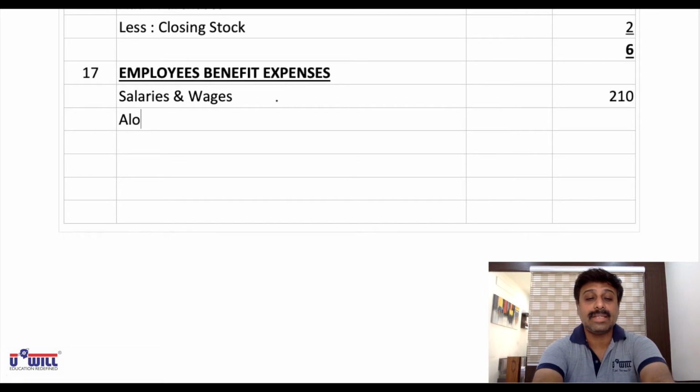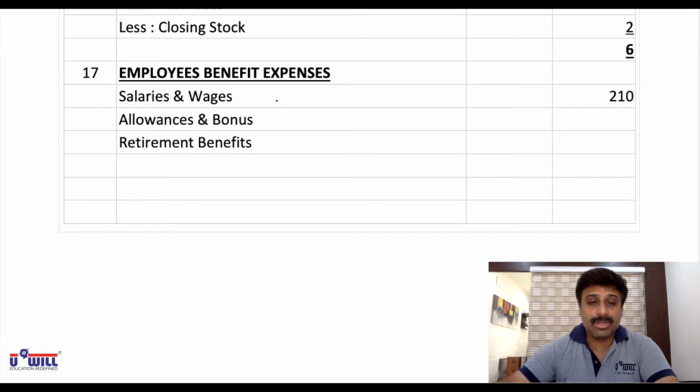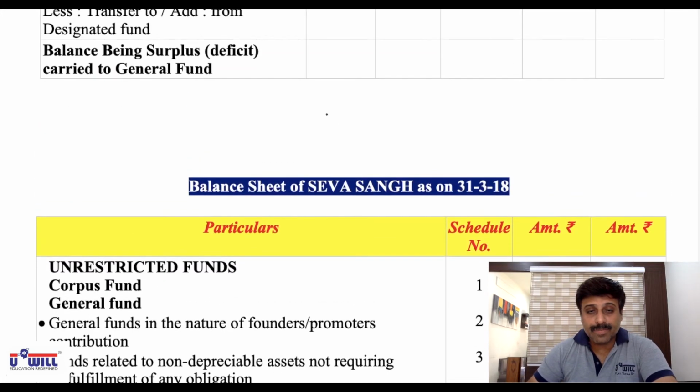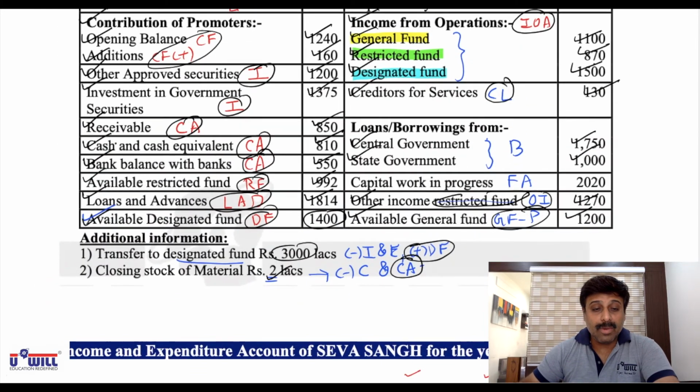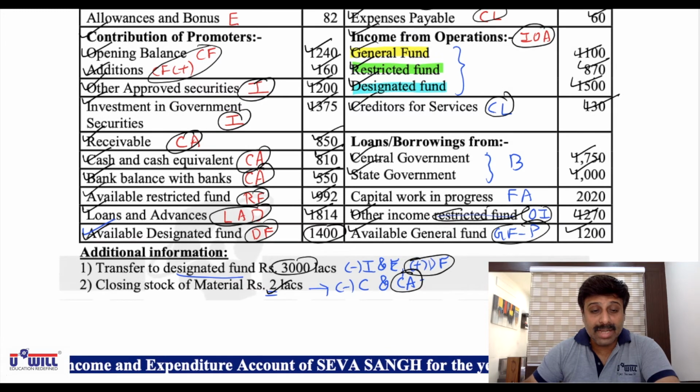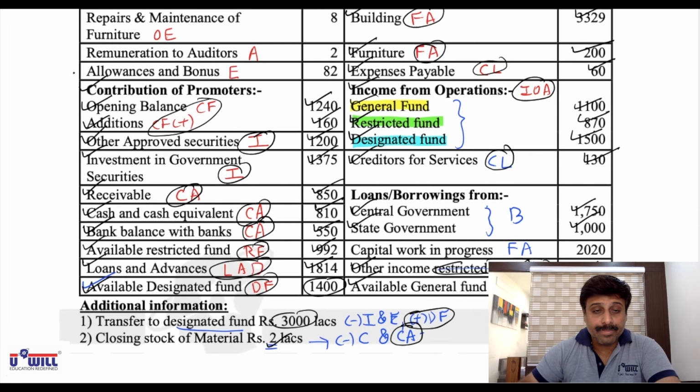Then allowances and bonuses. And then retirement benefit. Let us see the amounts. Allowances and bonuses, how much? Allowances and bonuses, we have 82.